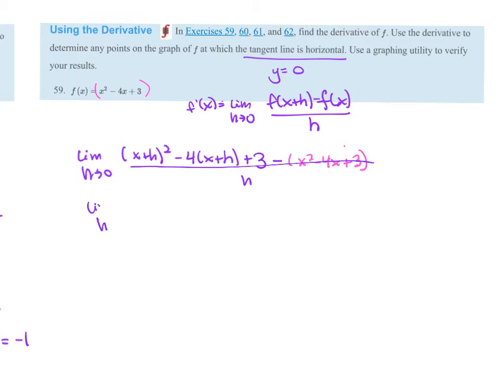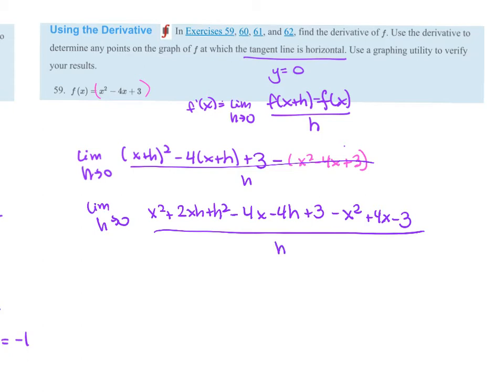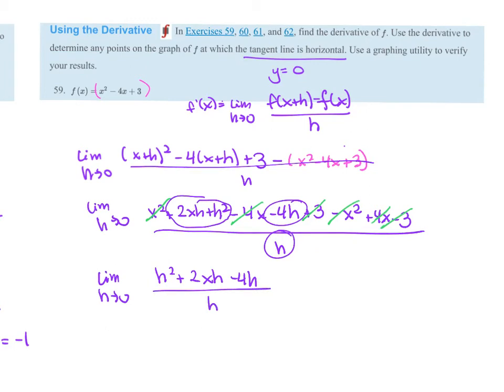So then let's simplify. The limit as h approaches 0. This is x squared plus 2xh plus h squared minus 4x minus 4h plus 3 minus x squared plus 4x minus 3 all over h. Combine like terms, so x squared and x squared cancel, 4x and negative 4x cancel, and 3 and negative 3 cancel. And so now we're left with the limit as h approaches 0 of h squared plus 2xh minus 4h all over h.